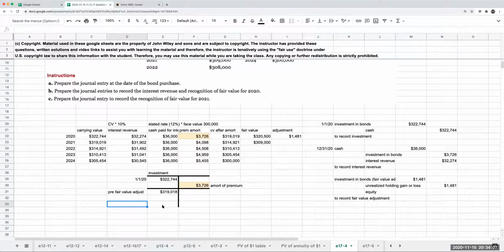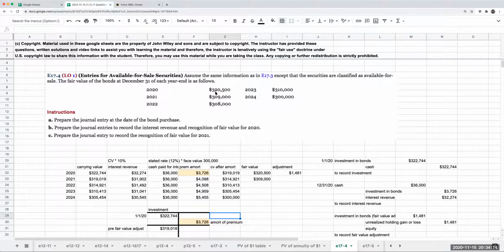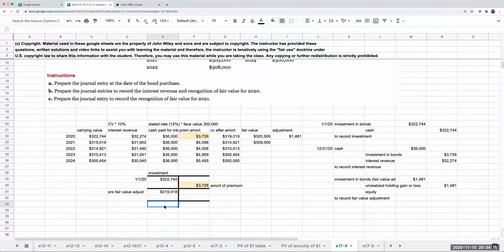But the fair value of the security is 320,500, and this is what it needs to be. So I had to debit my investment in bonds by 1,482, and this gets me to my fair value at 12/31/20.